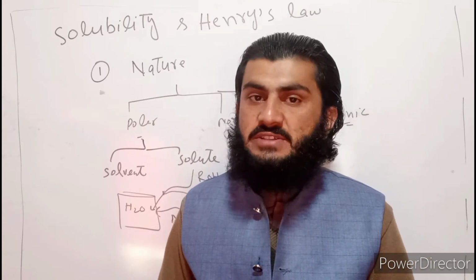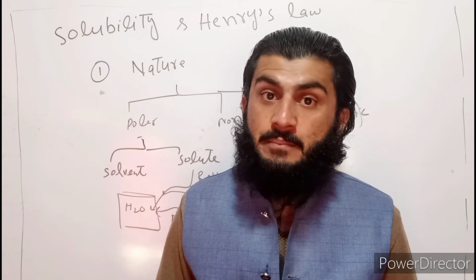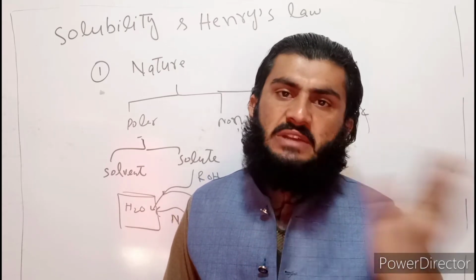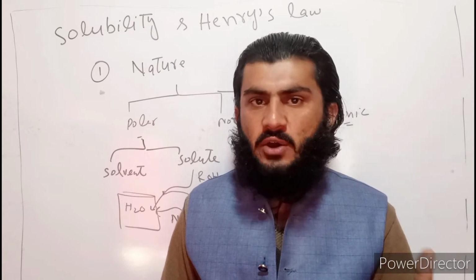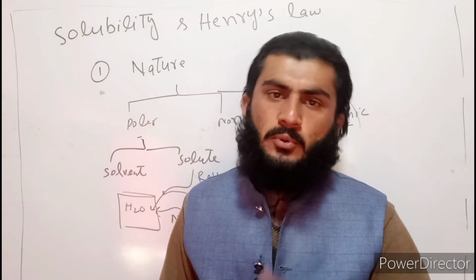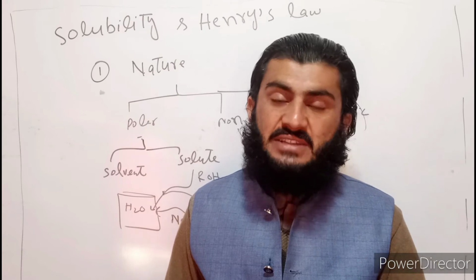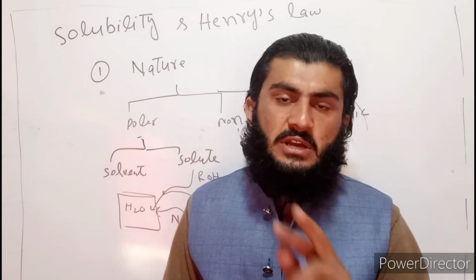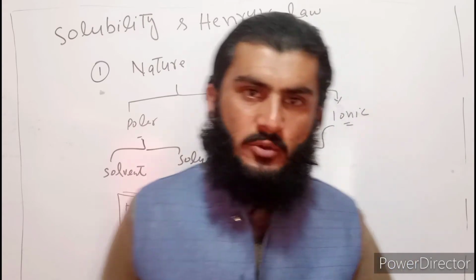If they have different natures, meaning one polar and the other non-polar, either solute polar and solvent non-polar, or solvent polar and solute non-polar, then there will be low solubility.